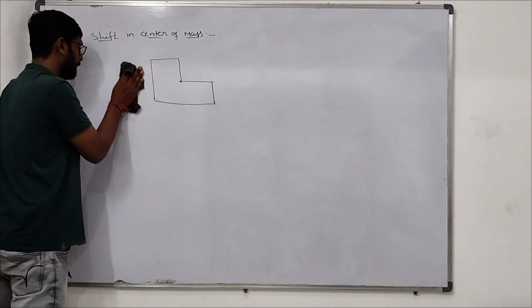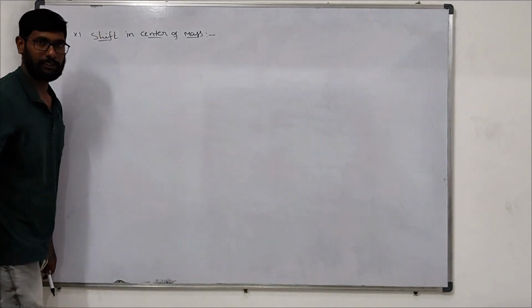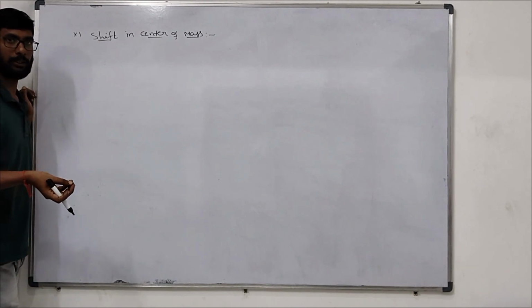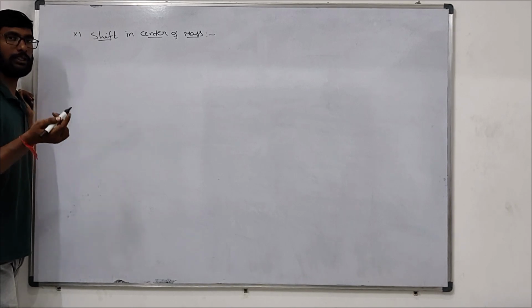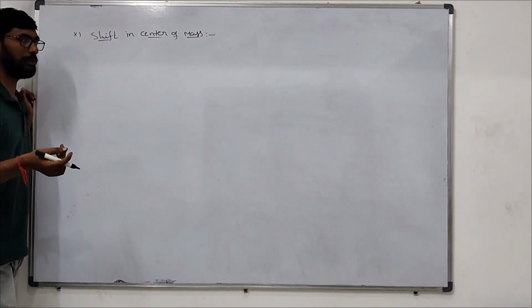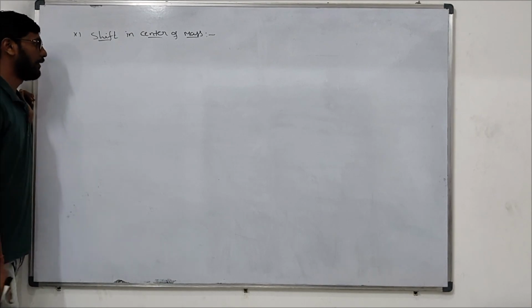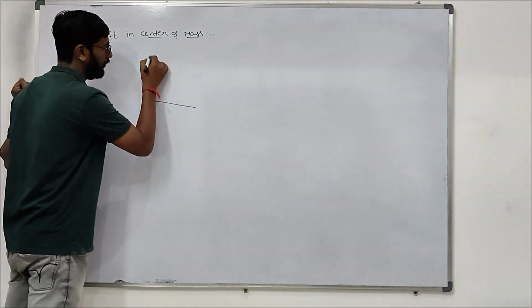That we'll see here. Shift in center of mass means if you remove some portion, some mass from the body, the center of mass position will change. How much it is shifted? Shifted means the distance between the initial center of mass and the final center of mass, right?